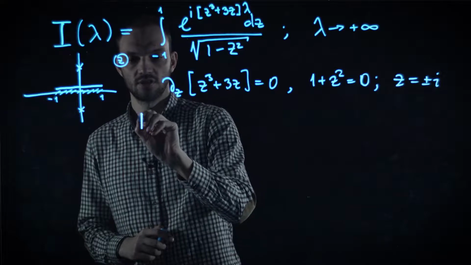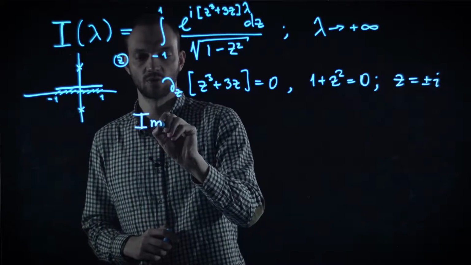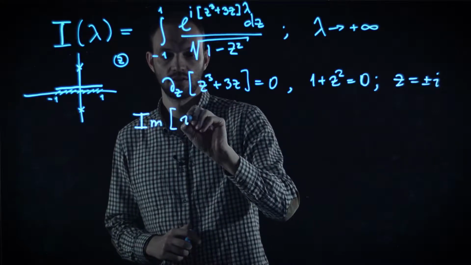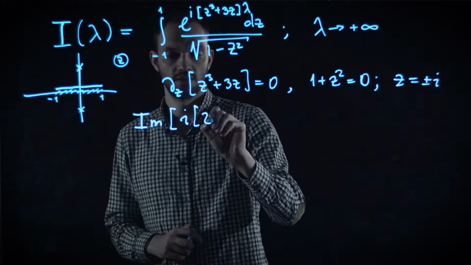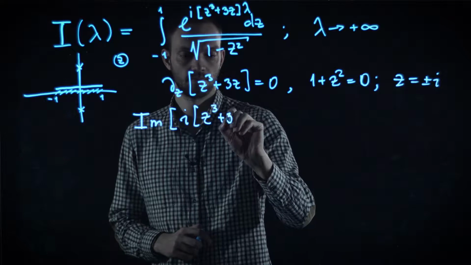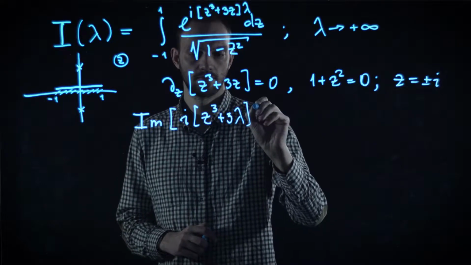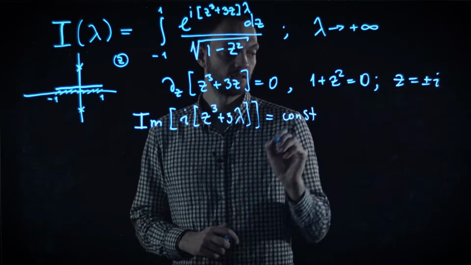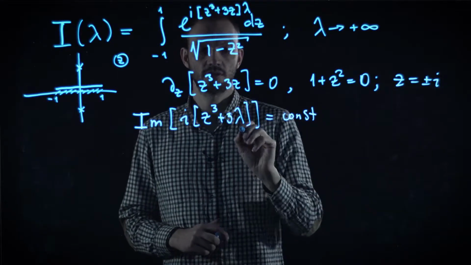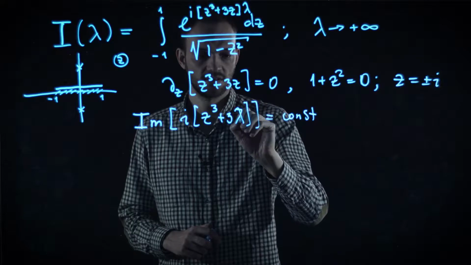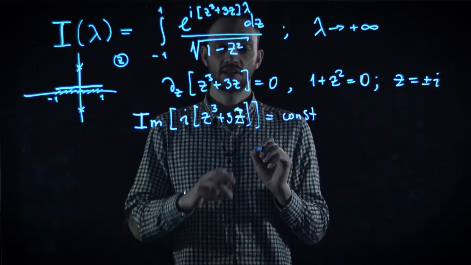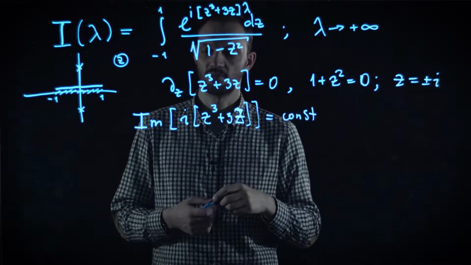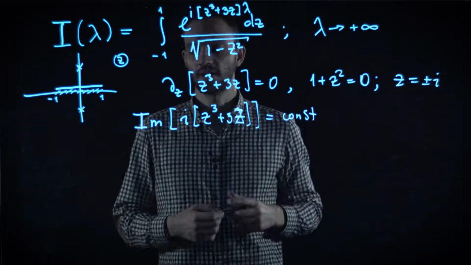So in other words, for this case, we need to find such lines in the complex plane which satisfy the following equation, equal to constant. Of course, lambda is not important for this criterion at all because it is real and it doesn't matter. So this equation defines a set.